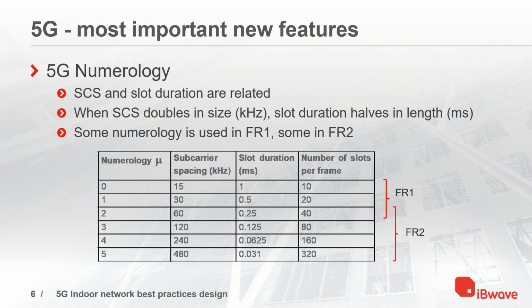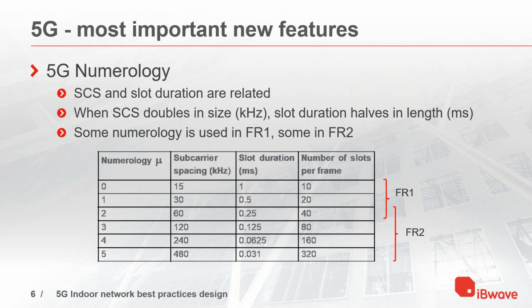So then we go on with doubling the subcarrier spacing. Numerology number 1 has a subcarrier spacing of 30 kilohertz. Then numerology number 2 is 60 kilohertz. Numerology number 3 is 120. Number 4 is 240. And number 5 is 480 kilohertz. But as we double the subcarrier spacing, then we have to halve the slot duration.